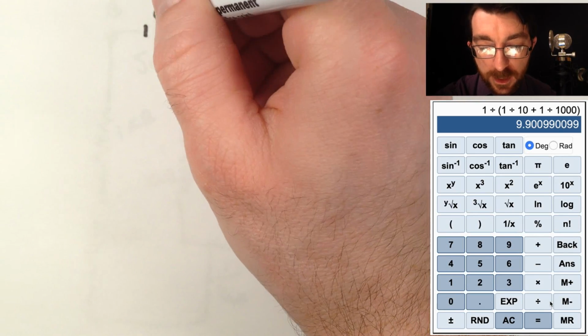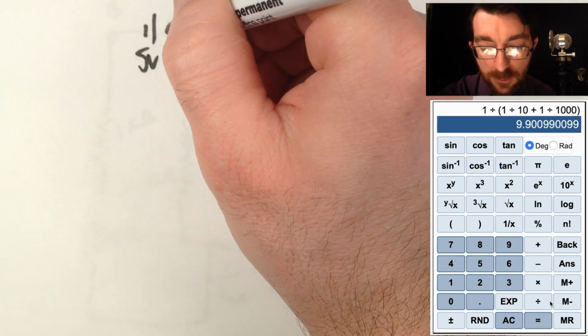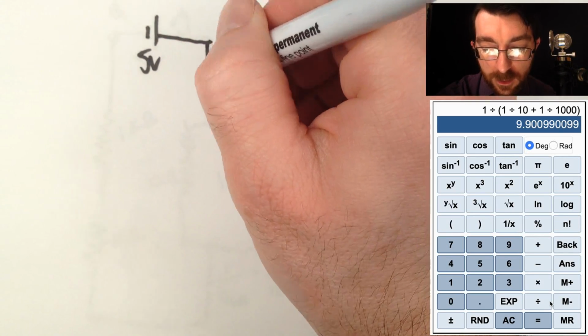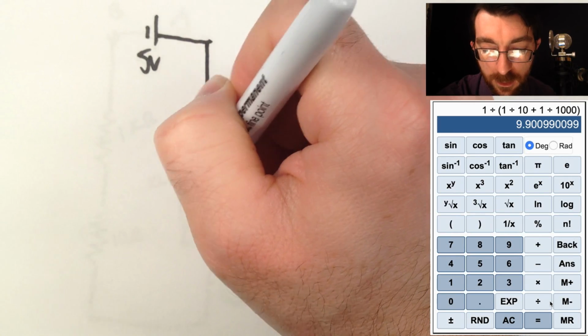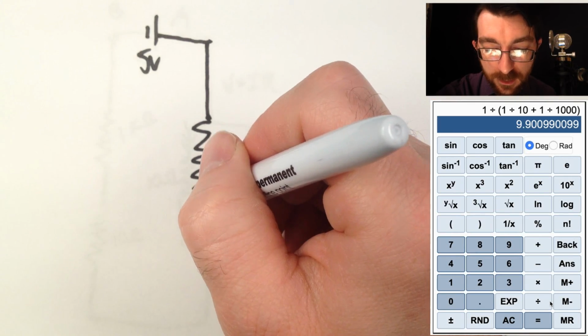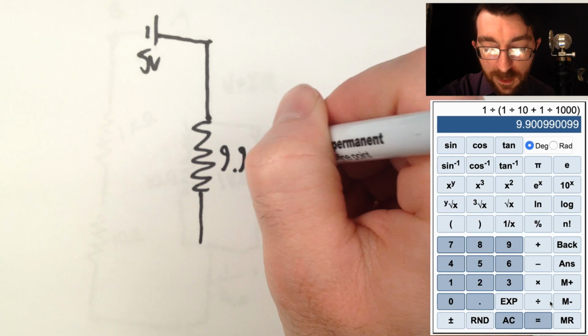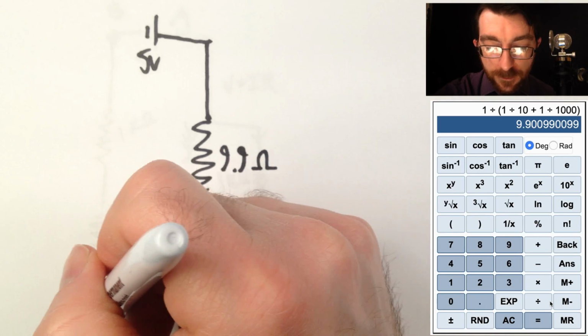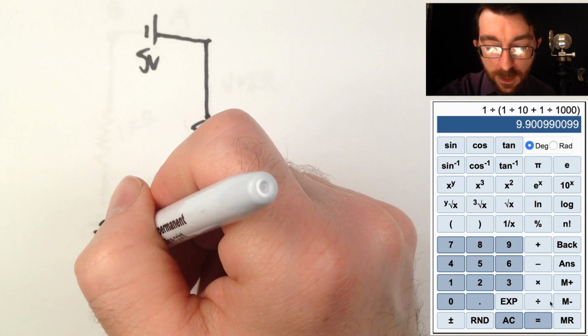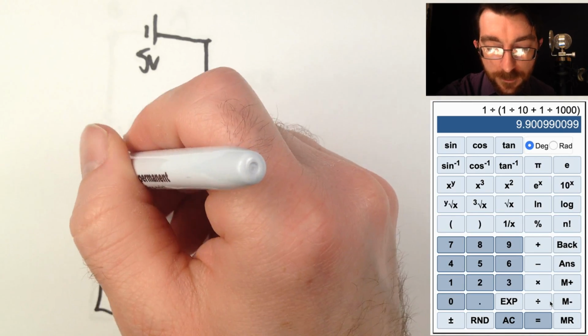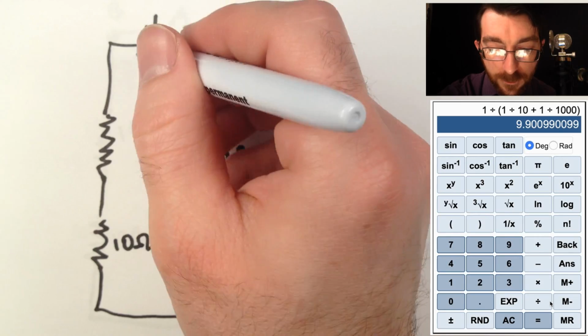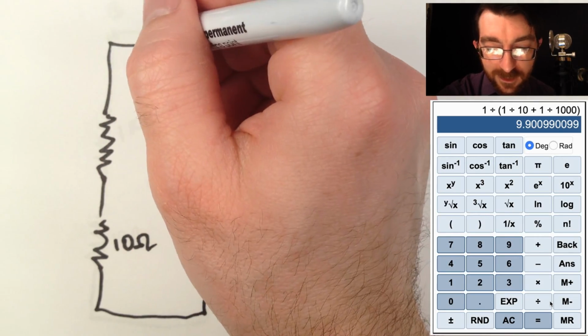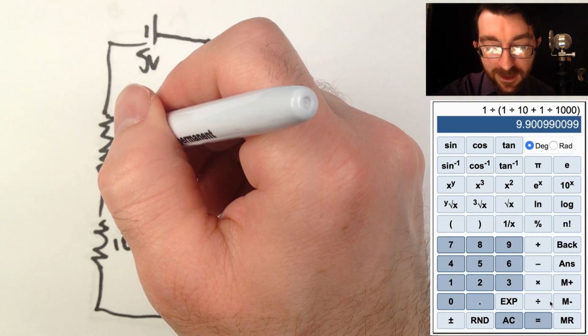So I've got my 5-volt battery. Now I have a single big 9.9 ohm resistor, and then my 10, and oh, I didn't connect it. You get it.